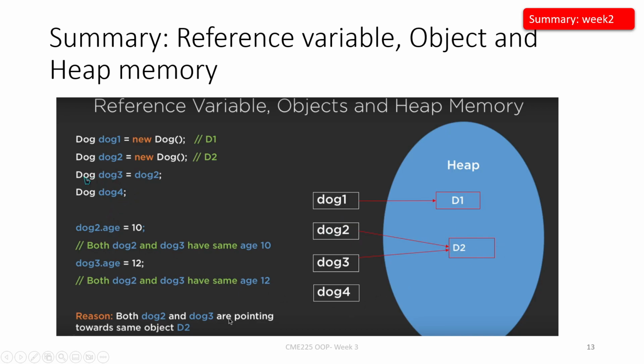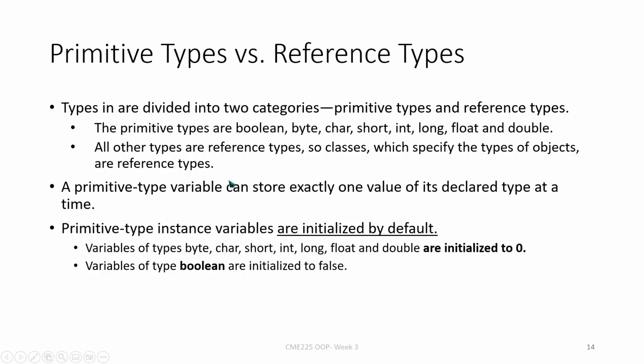And look here, dog4, we haven't initialized it yet, we haven't set it to any object. That means it's a null value, it is undefined, therefore it has no value in the heap memory. You can simply call it a null object or null pointer.